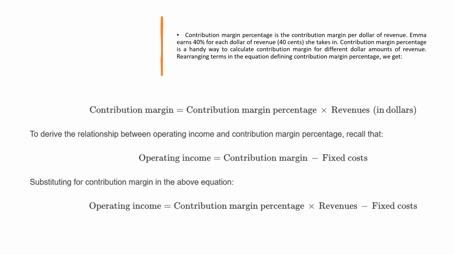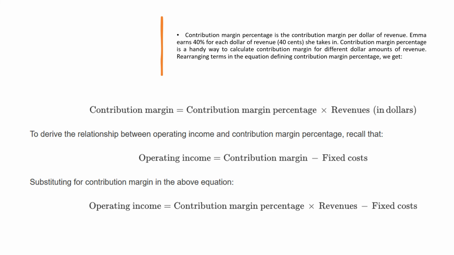Now, contribution margin percentage is the contribution margin per dollar of revenue. So Emma earns 40% for each dollar of revenue, so that's 40 cents she takes in for each dollar. Contribution margin percentage is a handy way to calculate contribution margins for different dollar amounts of revenue. So we rearrange terms in the equation defining contribution margin percentage. The reason you want to know these different formulas is that if you have one part of the equation, you can solve for the other parts.